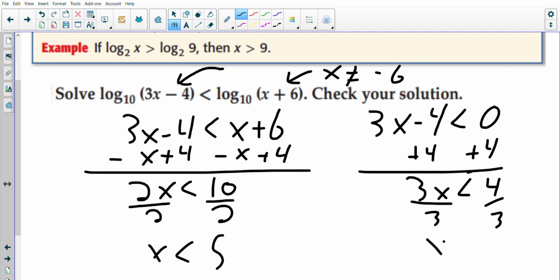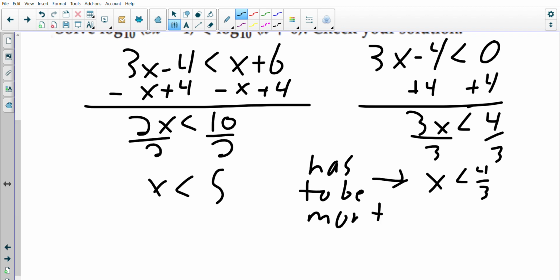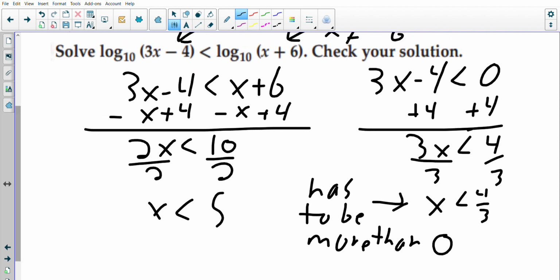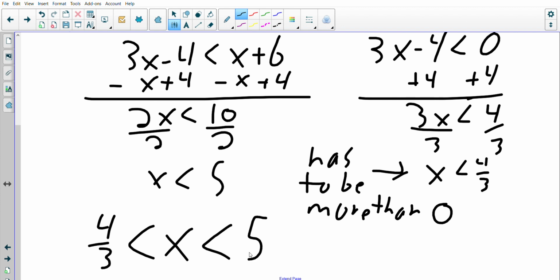If x is less than 4/3, it won't work. So it has to be more than 0. If x is less than 4/3, the inside will be less than 0, a negative number. So that tells me my x has to be greater than 4/3 and less than 5 for the solution to be true.